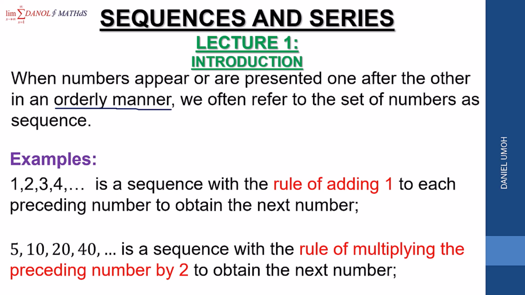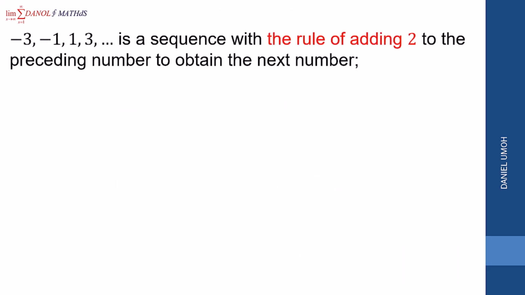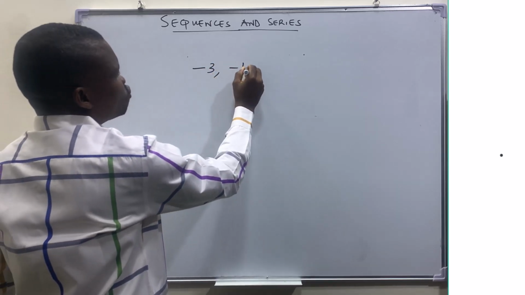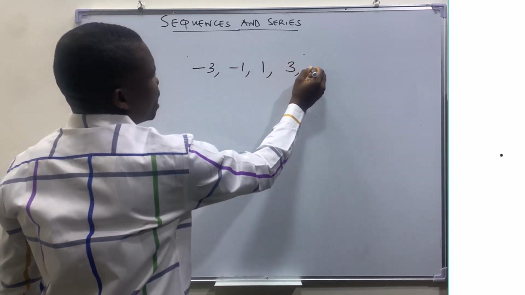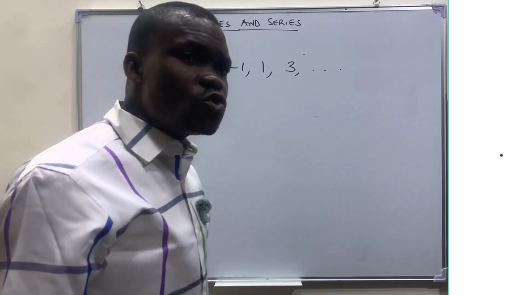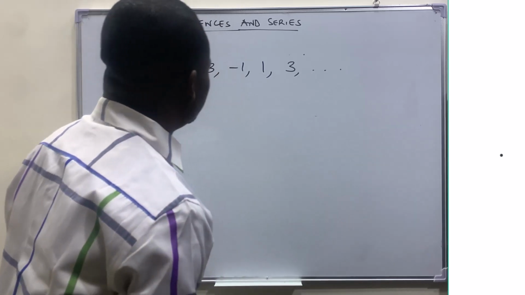Now look at another example. For instance, minus 3, minus 1, 1, and 3 is a sequence with the rule of adding 2 to the preceding number to obtain the next number. Now look at it with me. If you look at this set of numbers, minus 3, minus 1, 1, 3, and so on, we say it is a sequence of numbers with the rule of adding 2 to the preceding number.